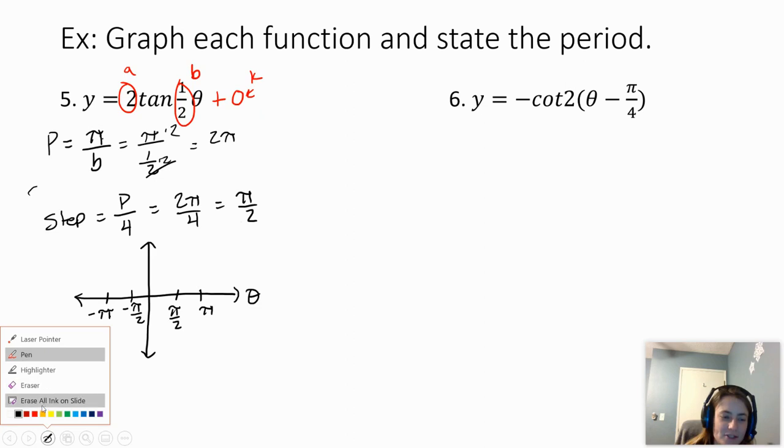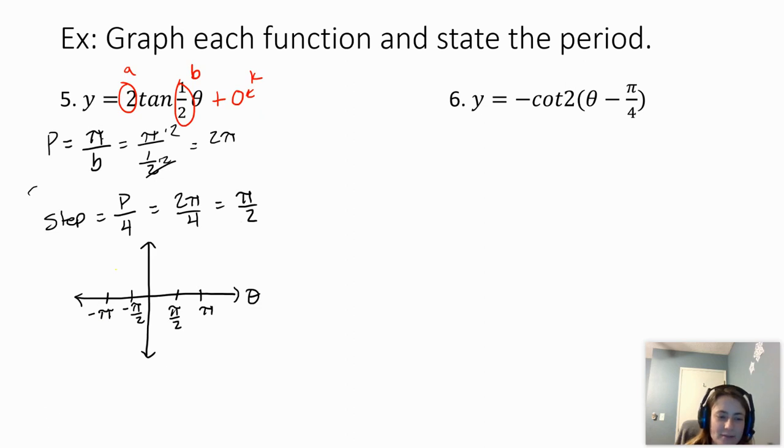And we can sketch in our vertical asymptotes. We know that it's at the first and fifth values, negative pi and pi. And sketch or plot our 3 points. So the middle point stays the same. We're not shifting it by anything. Tangent goes up from left to right. And we see that A is 2.